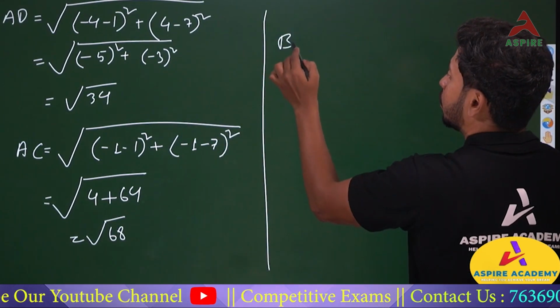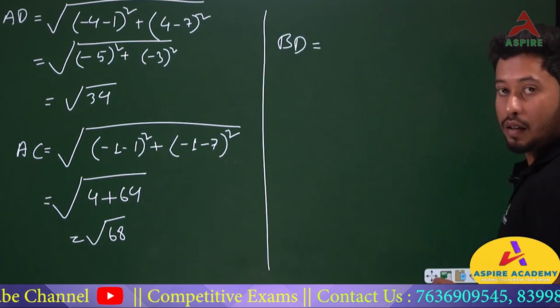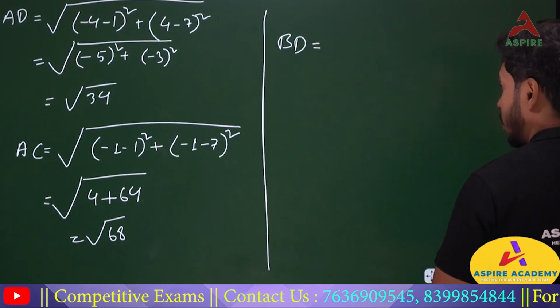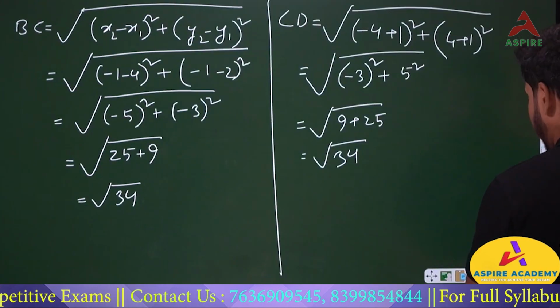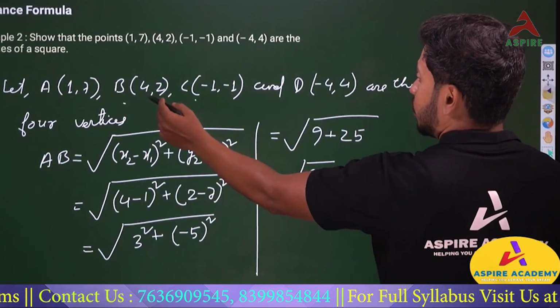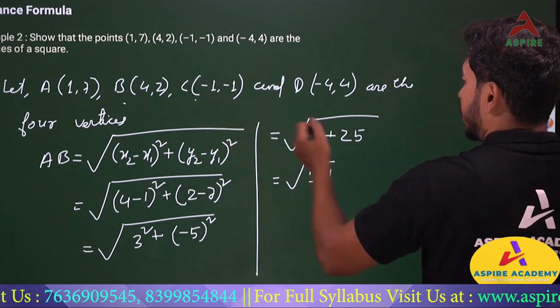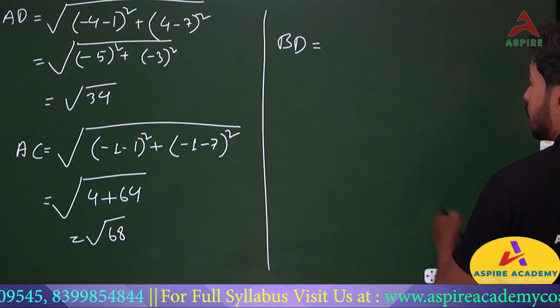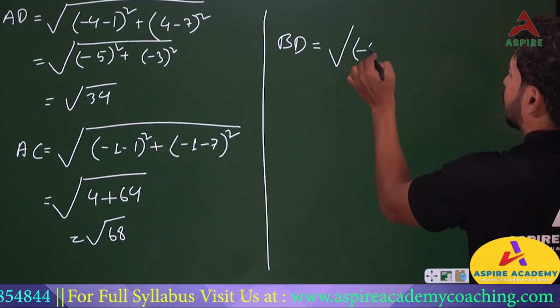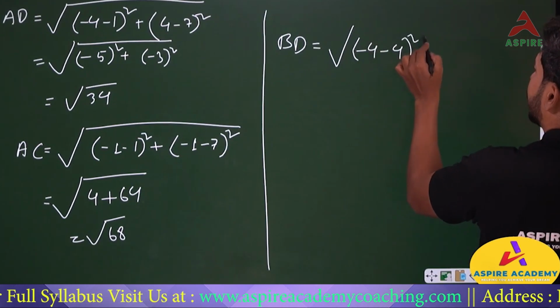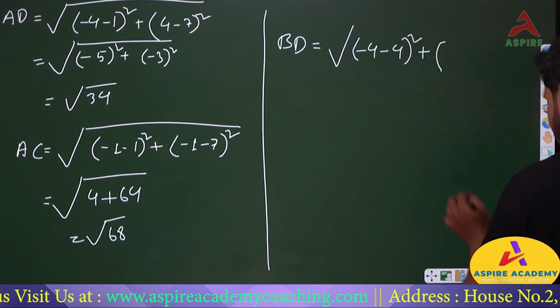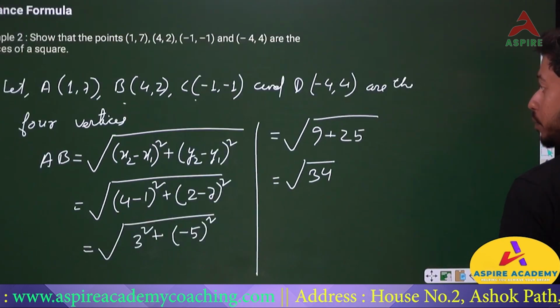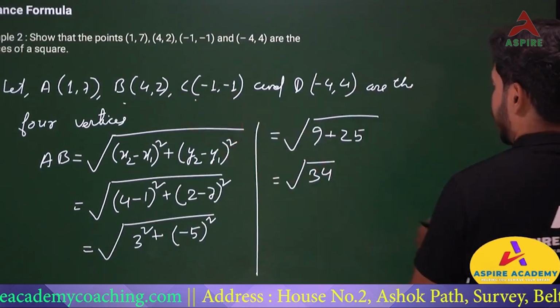BD. BD is the second diagonal. So what is BD? It is minus 4 minus 4, plus 4 minus 2.